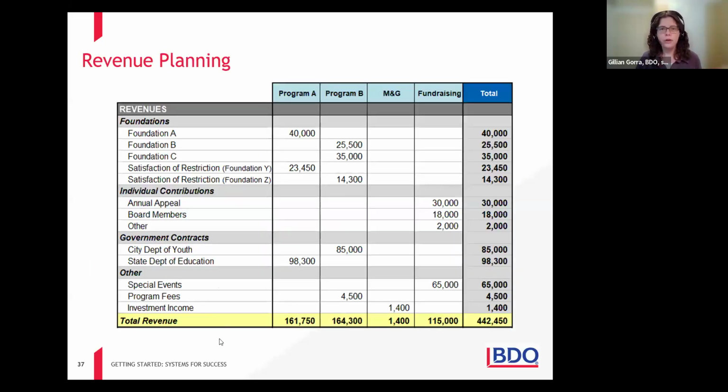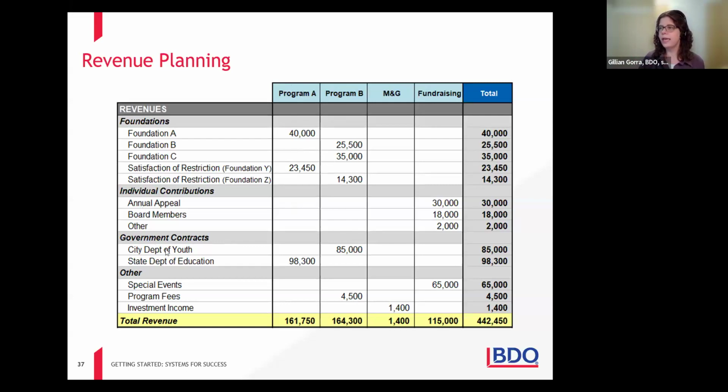Now, when you're doing your revenue planning and when you're budgeting for revenue, I want you to use the same program basis. We've got our programs, our admin function, and our fundraising function. Think about any contributed revenue that's restricted to a particular program. Think about actually putting that revenue in that programmatic column.